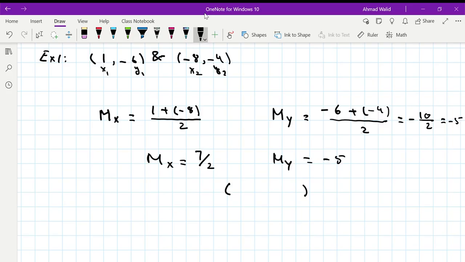What are the coordinates in general for the midpoint? -7 over 2, comma what? -5. I went a little bit fast in this lecture because nothing is difficult in this lecture. Only two formulas that you have to remember.